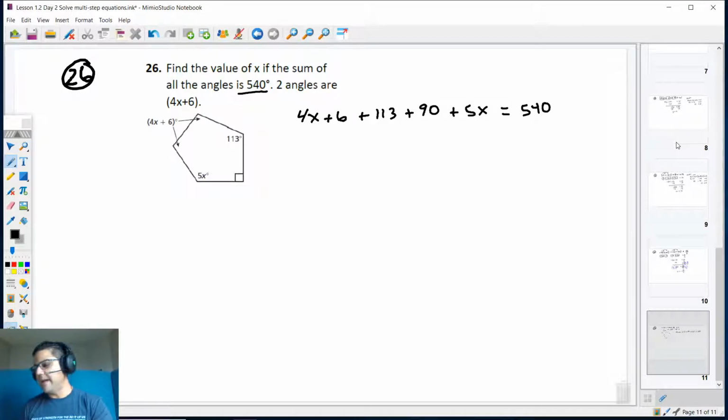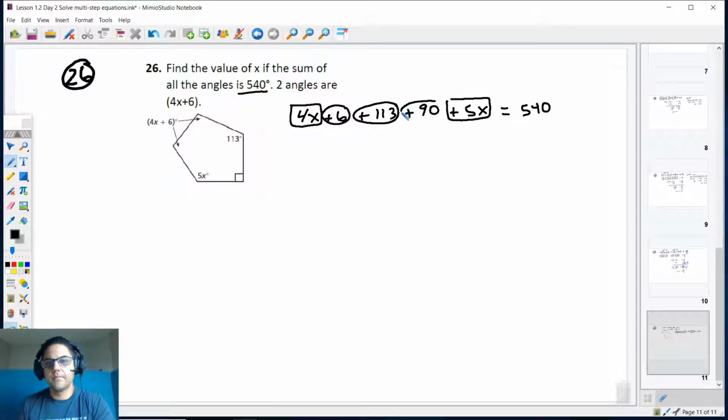So I want to simplify it into a nice two-step problem. So I'm going to go ahead and mark it up here. So combining my like terms, I get a 9x plus a value, and that's equal to 540.